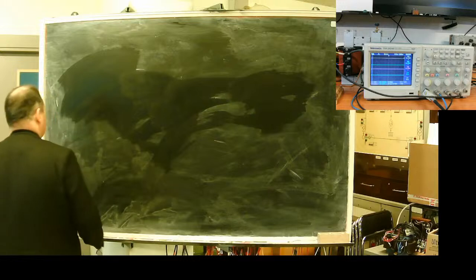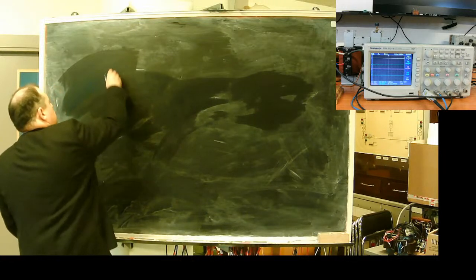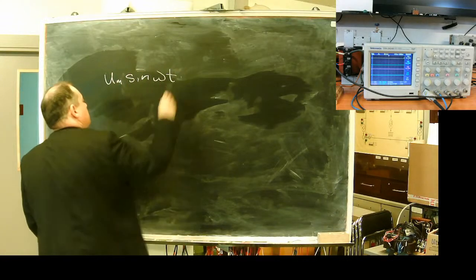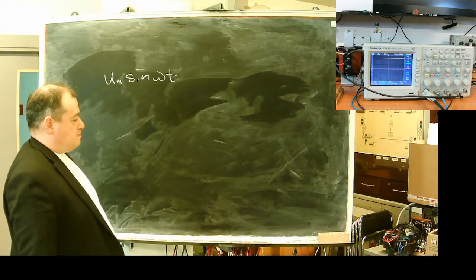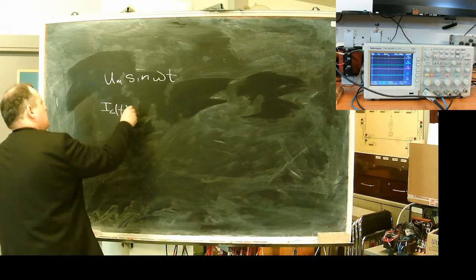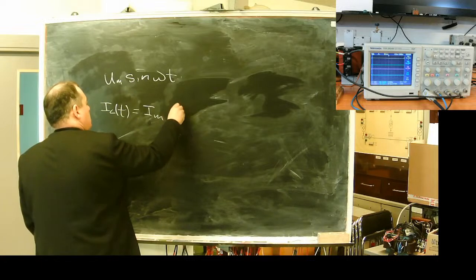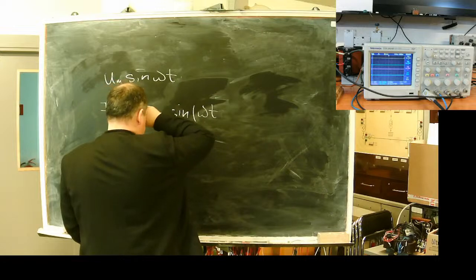Idea. We have voltage like sine omega t, and let's say being something, sine of omega t.